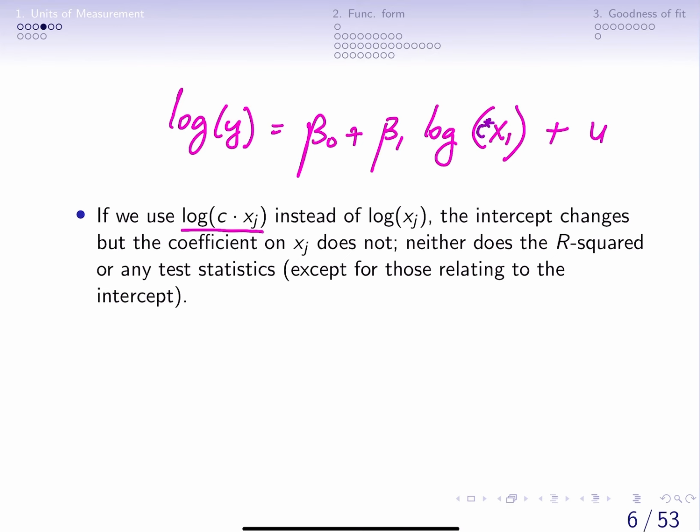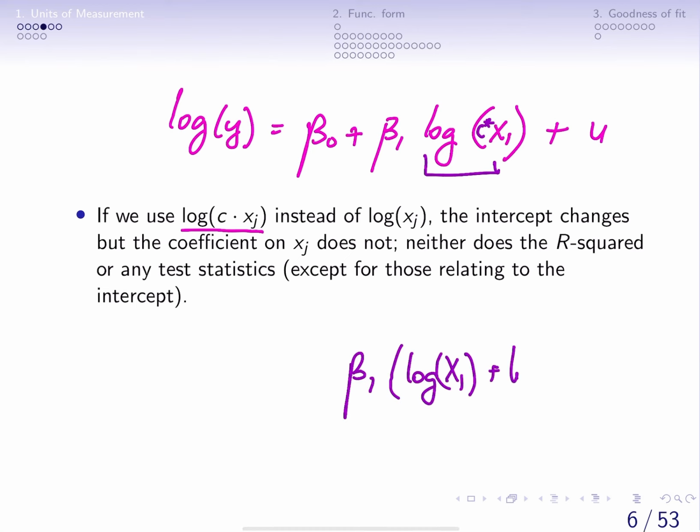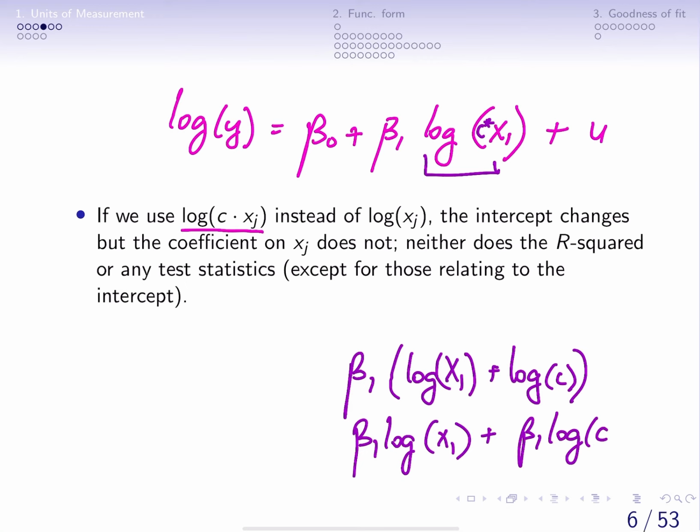And so notice here, this can be written again as beta 1 times log of x1 plus log of c, right? And so when you open up this term right here, this remains the same, but this changes, right?